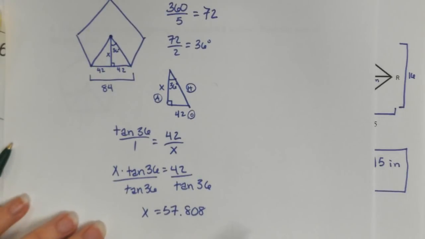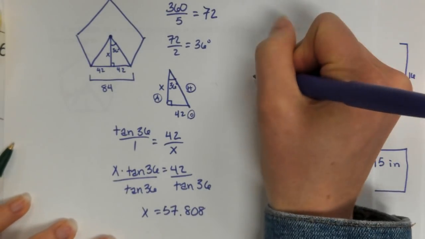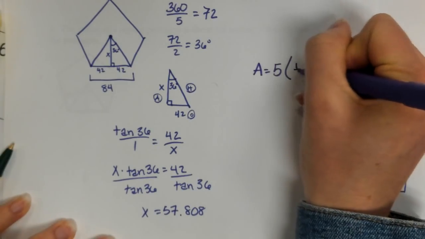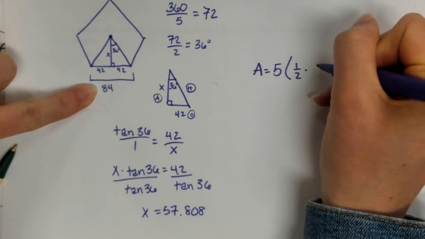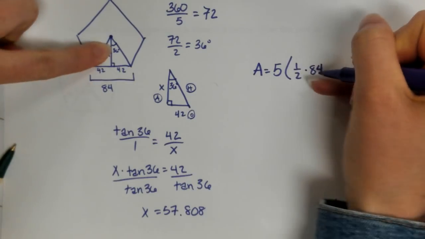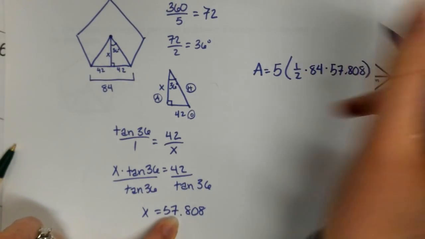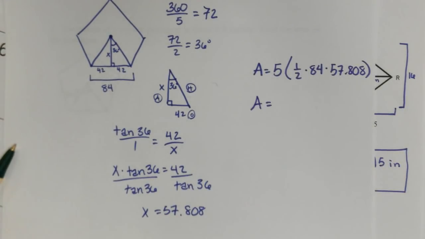Okay. So now my area equals, there are 5 triangles, 1/2, the base of the triangle is 84. The height of the triangle we found was 57.808. So you just punch all of that in your calculator.